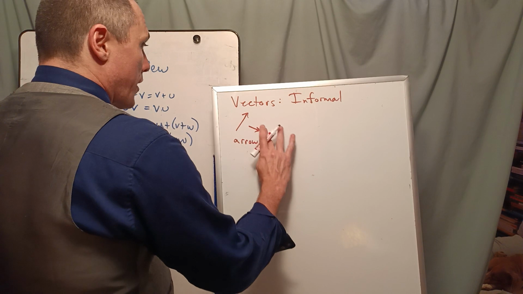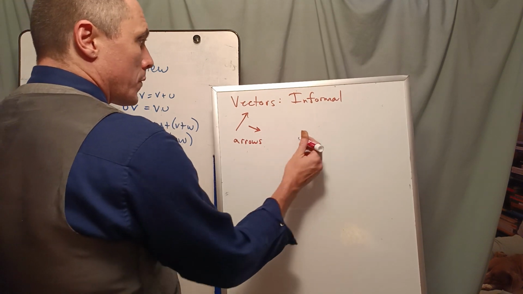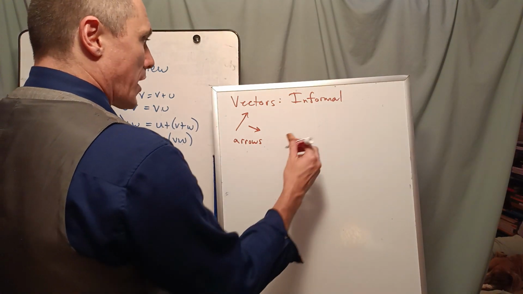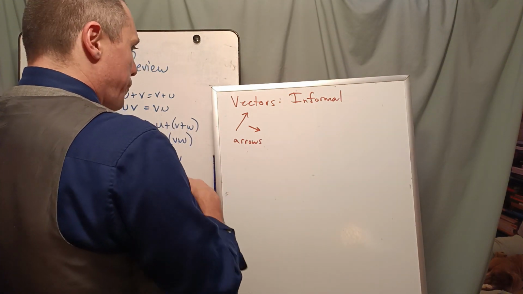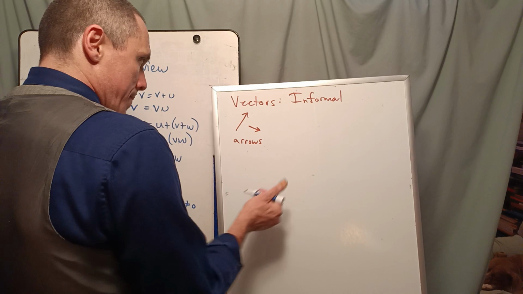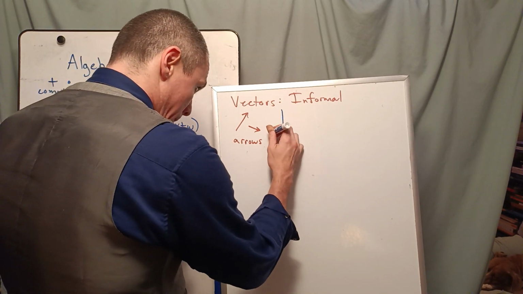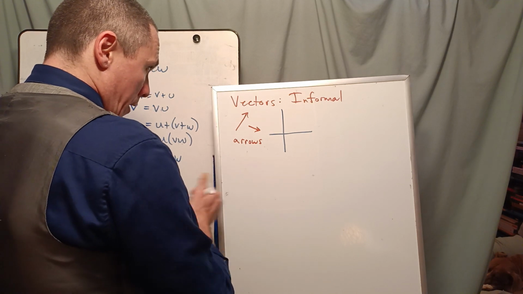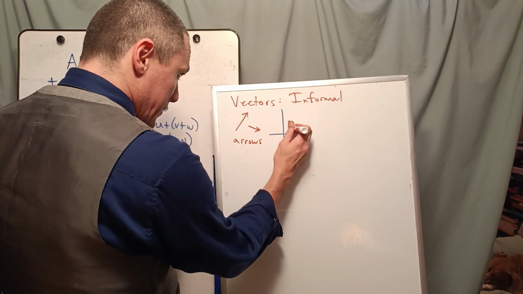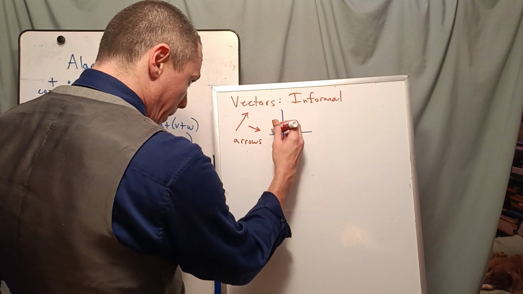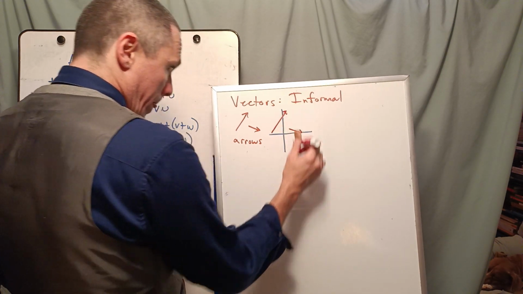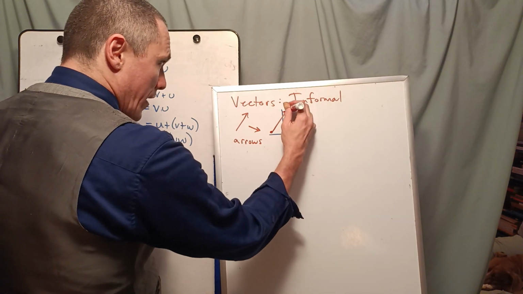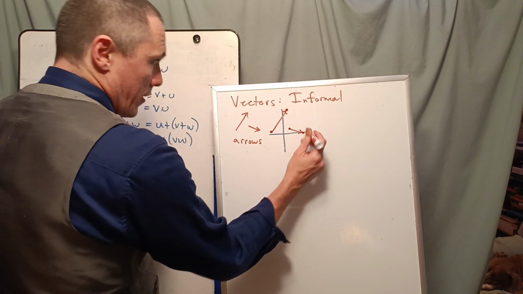We can also think about vectors in terms of directed line segments, right? If I just plopped a grid down here, and I said, okay, well, holding everything else the same, here are my vectors. So here they have starting points and ending points, right?